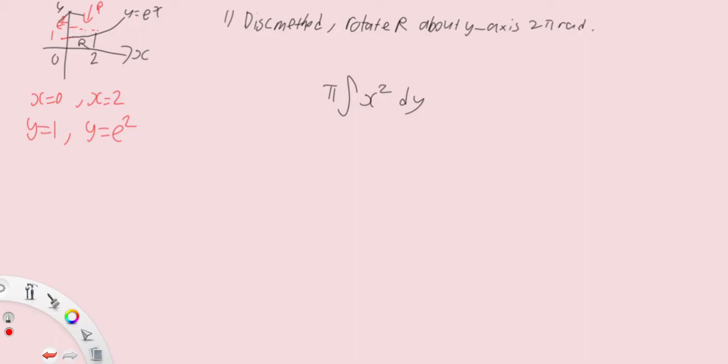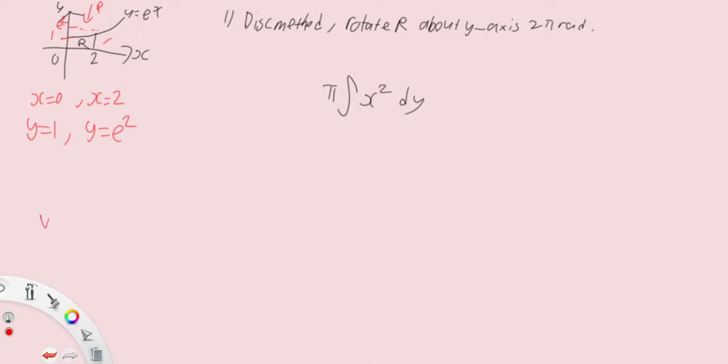So what's the correct method here? First thing first, if you notice the region P and R, if you add them together, you get a rectangle, right? You get this rectangle here. What do you notice about this? If we were to rotate the rectangle, again, about the y-axis, you find that volume, then you subtract the volume of P, you get back R, right?